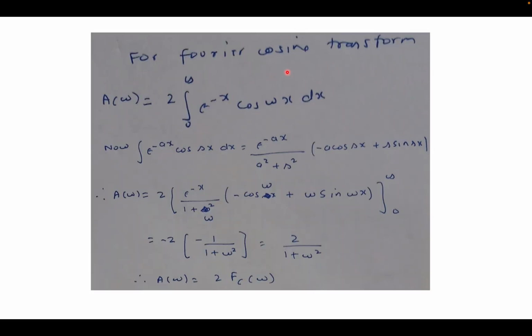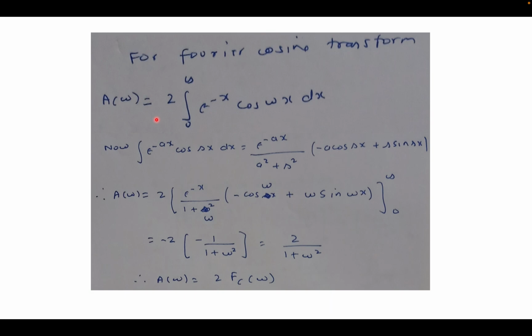First of all, if you recall the Fourier cosine transform, I can write A omega is equal to 2 times integral 0 to infinity e power minus x cos omega x dx, right? I am using the expression from the lectures for the Fourier cosine transform.